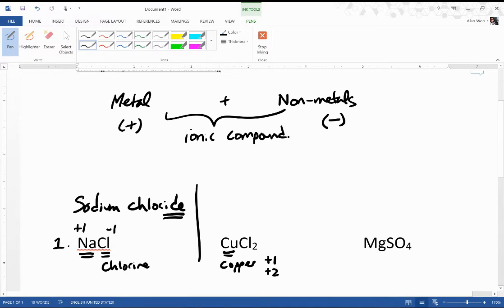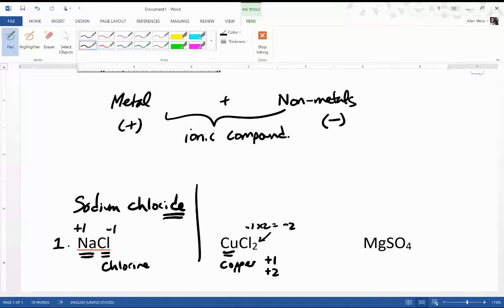If you accept the fact that chlorine has a -1 charge, and you look at our compound here, it's CuCl2, which means you have 2 chlorine atoms. But why would you have 2 chlorine atoms for just 1 copper? Let's look at it this way. One of those chlorine atoms is a -1 charge, but you have 2 of them, so the chlorines have an overall charge of -2, but you only have 1 copper.